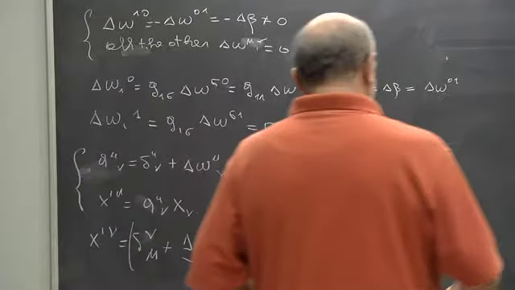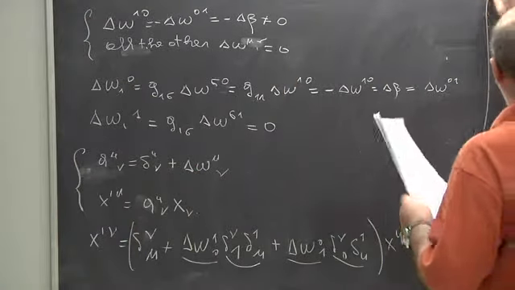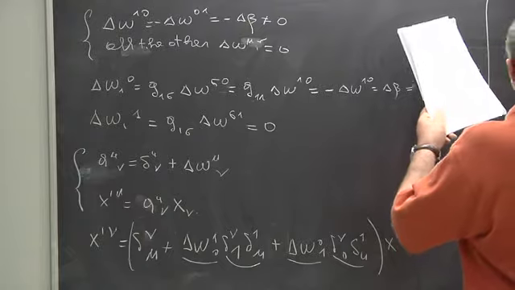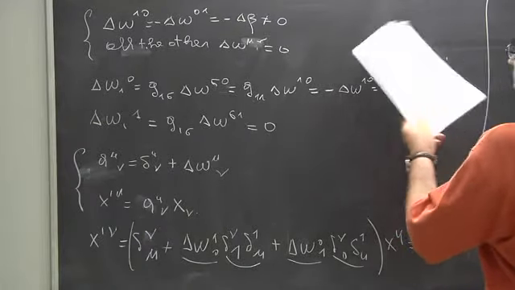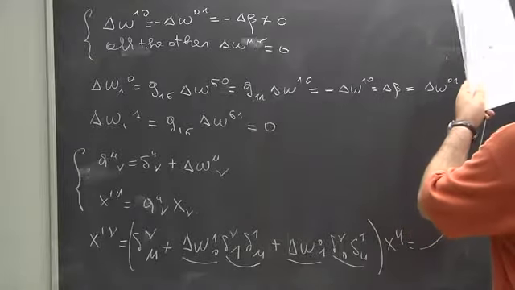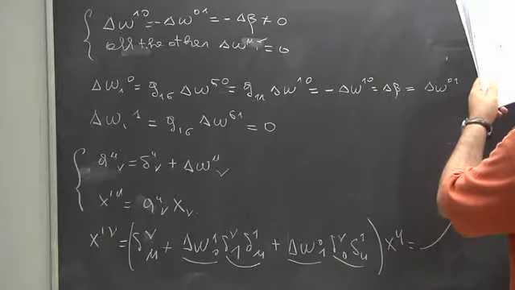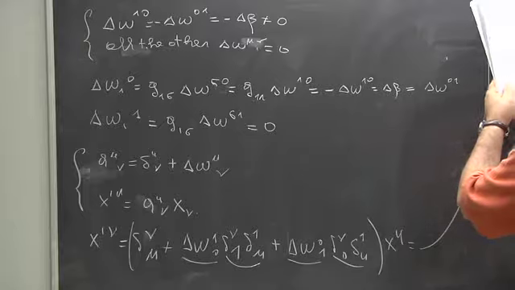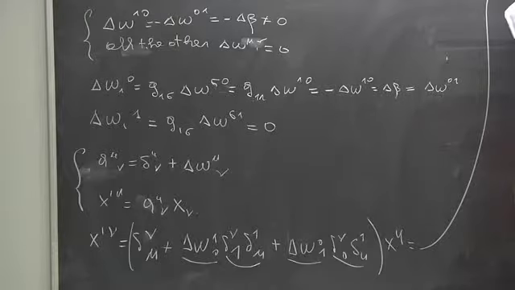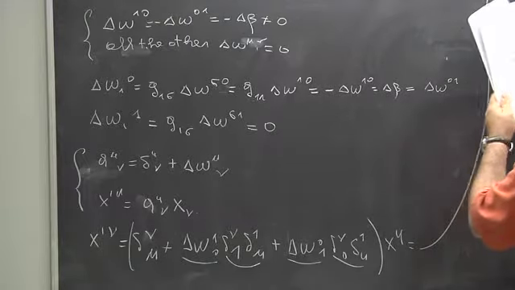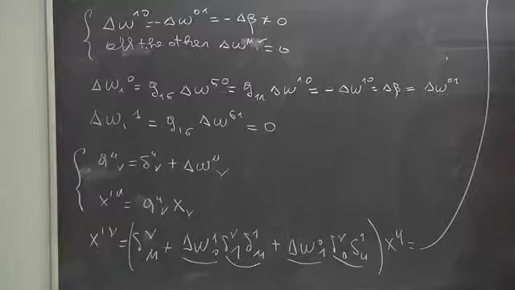So this one now you can write as delta mu nu minus, let's remember, delta beta, delta 1 nu, delta mu 0, minus delta beta, delta 0 nu, delta mu 1, and this one is equal to x mu.